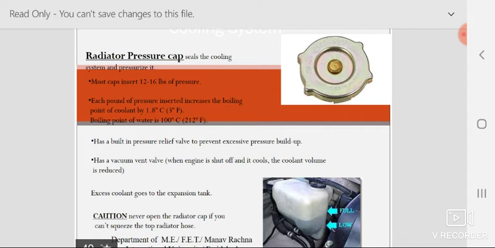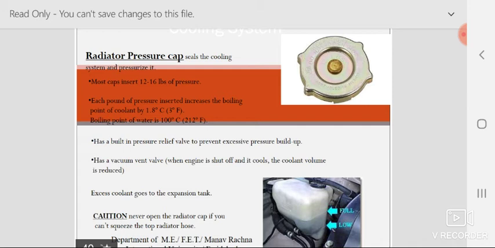It's written that each pound of pressure inserted increases the boiling point of the coolant by 1.8 degrees centigrade, that is around 3 degrees Fahrenheit. We increase 1 pound of pressure, the boiling point increases by 1.8 degrees centigrade. Remember, the coolant is almost like water with ethylene glycol in it.